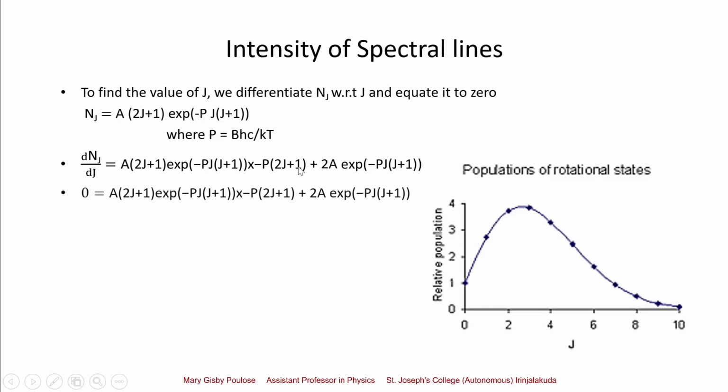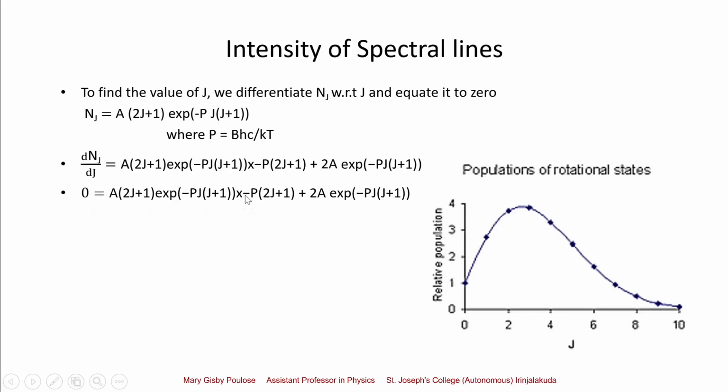Now at the peak of this curve, the derivative will be equal to 0. Hence we can write 0 is equal to A into 2J plus 1 e raised to minus pJ into J plus 1 into minus p into 2J plus 1. So we have 2J plus 1 twice here. Then the next term is plus 2A e raised to minus pJ into J plus 1. Let us take the negative term to the left hand side.